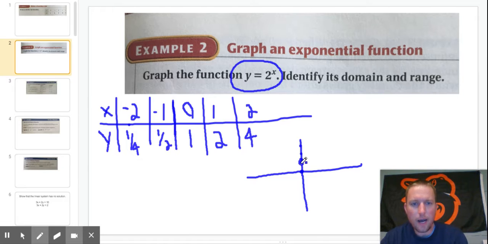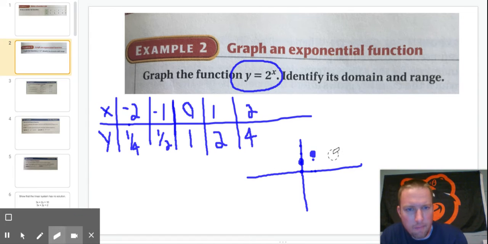My next one would be 1, 2. Sorry, my bad, I messed up my graph, let me erase that.